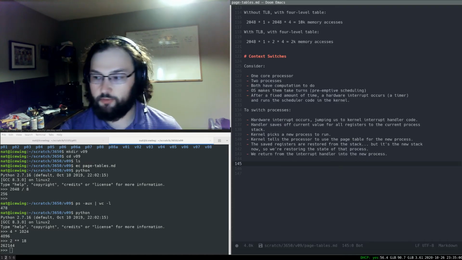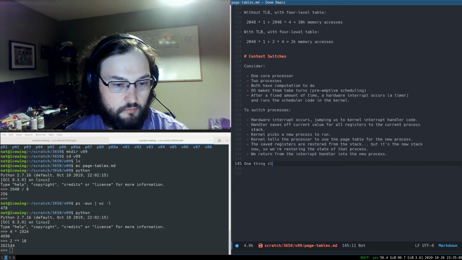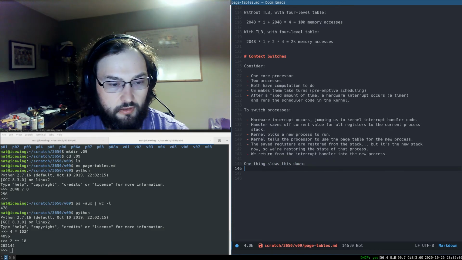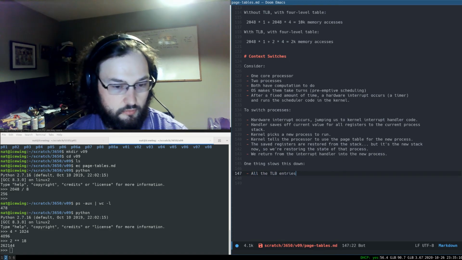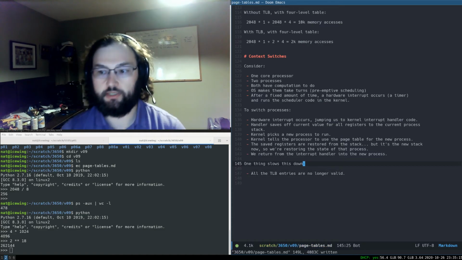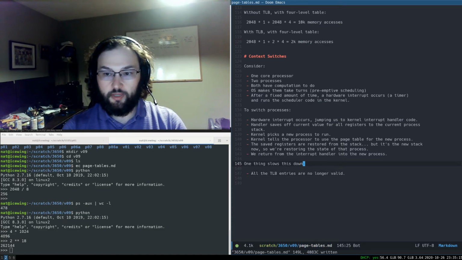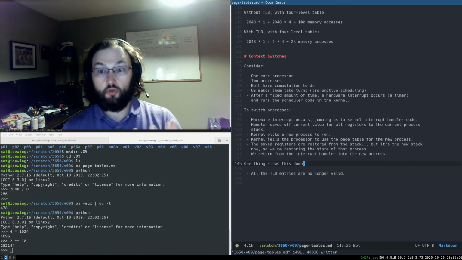Now, this is a reasonably quick operation. And that is, we lose all our TLB entries because we are looking at a new page table. All the stuff that we cached is now no longer valid.